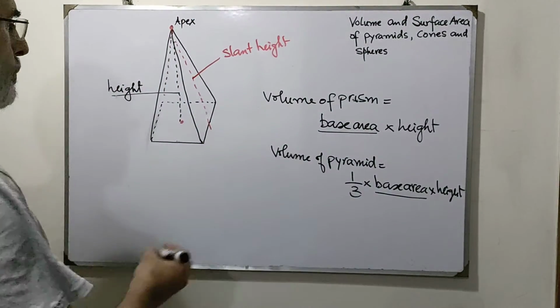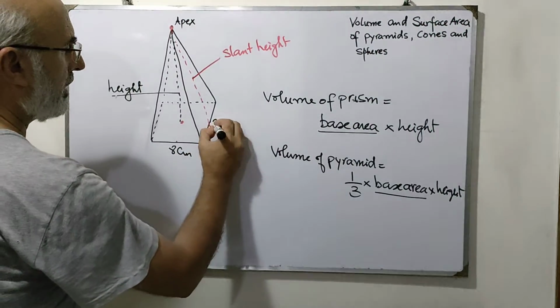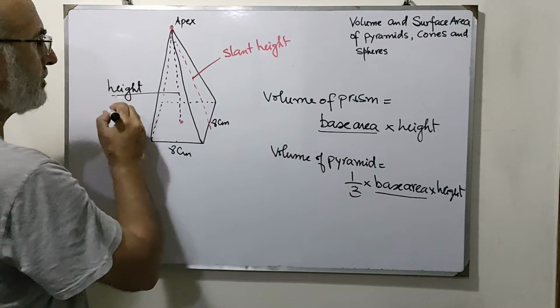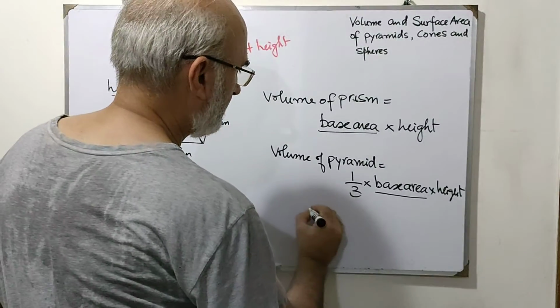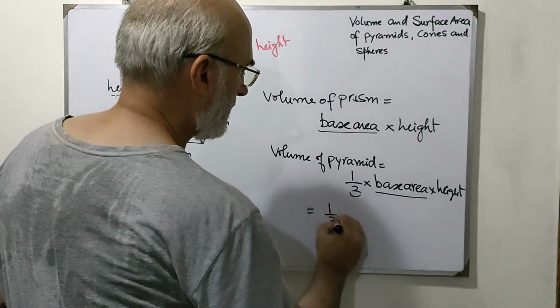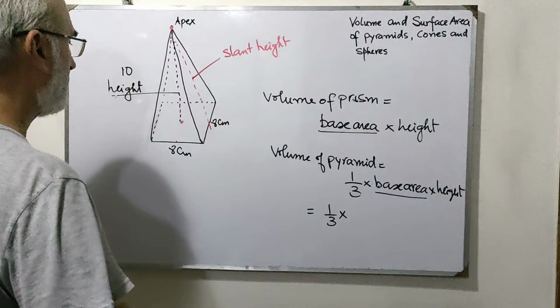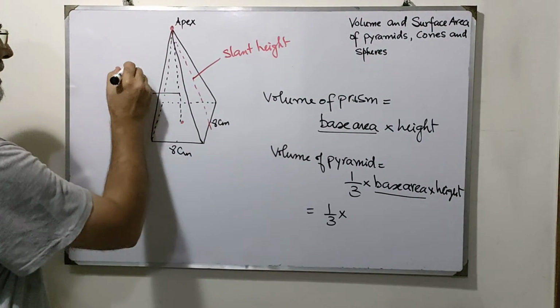Now suppose we have the dimensions here, 8 centimeter, 8 centimeter, and the height, suppose we have 10. So what will be the 1/3 into... or to make it simple, we take the height as 9.